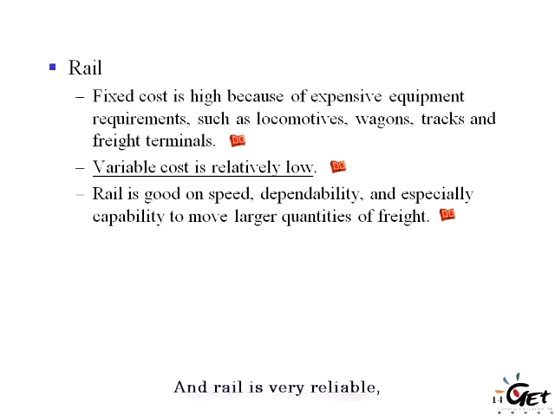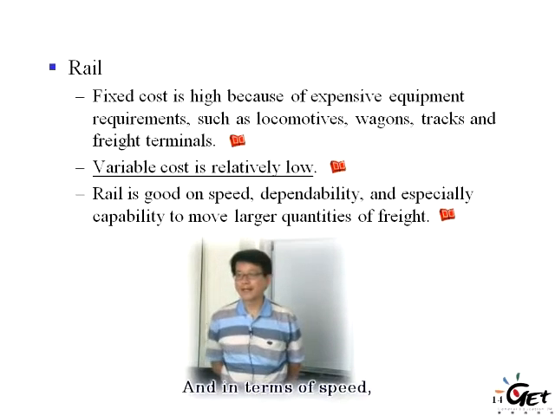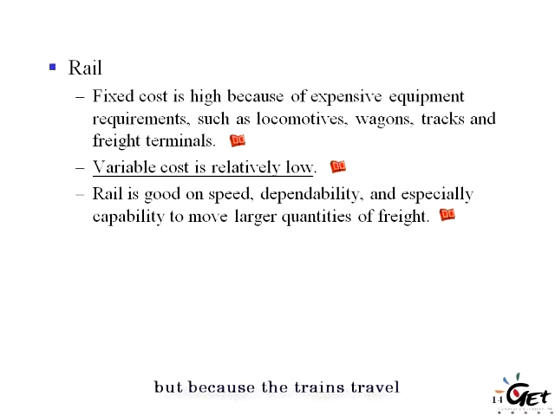And rail is very reliable, very dependable. In terms of speed, it's also good. Although it's not really fast, because trains travel on special tracks, they don't need to stop unless they reach certain terminals.